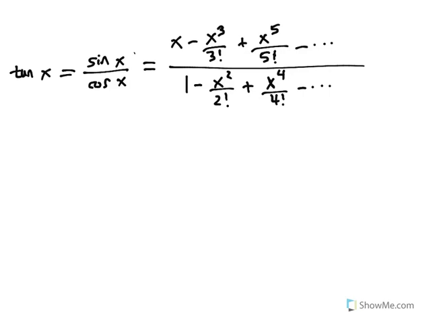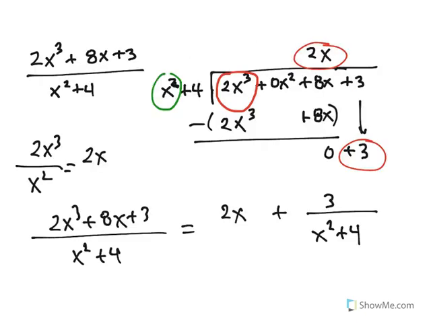So to find the first 3 non-zero terms in the Maclaurin series for tangent of x, we'd like to divide the Maclaurin series for sine x by the Maclaurin series for cosine x using the long division algorithm that we just saw. But of course, each of these series are infinite series. So in the long division that we just saw, we wrote the dividend and the divisor in descending order of degree.